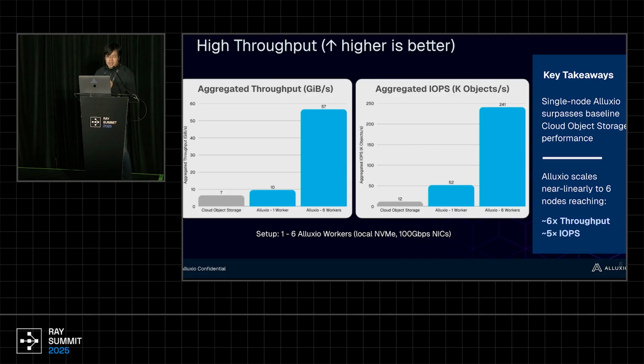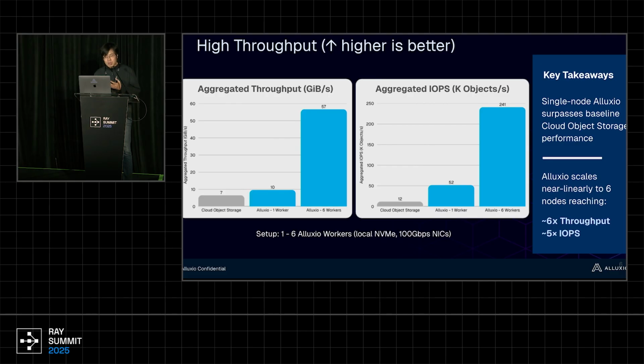So this is one of the benchmarks. You are reading data with six Alluxio workers, where data sits in a cloud object storage. If you go to object storage directly, you get around, for example in this case, 7 gigabytes per second pulling the data directly from the object store. This is about the same or slightly less than one single Alluxio worker, which gives you 10 gigabytes per second.